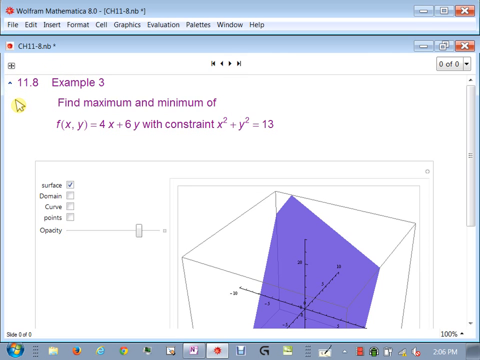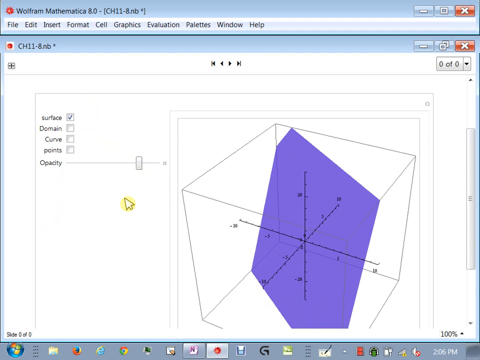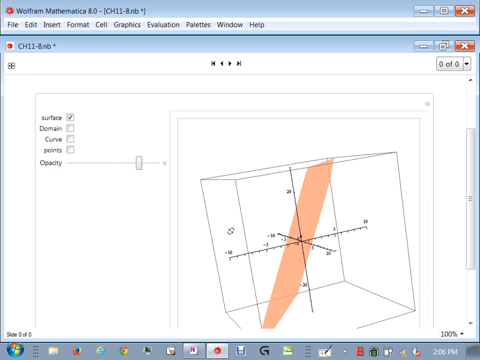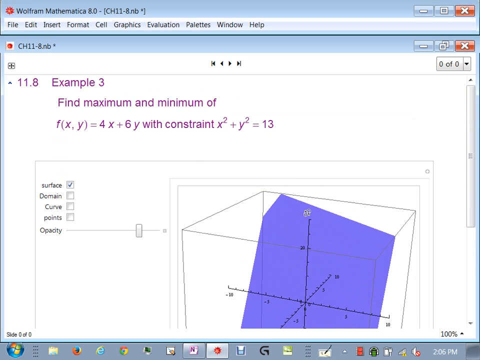Find the maximum and minimum of 4x plus 6y with the constraint x squared plus y squared equals 13. So I'll show you the picture of it first. 4x plus 6y is a plane. That's z equals 4x plus 6y, so that's a plane. X squared plus y squared equals 13 is a domain, it's a circle, right, on the ground.